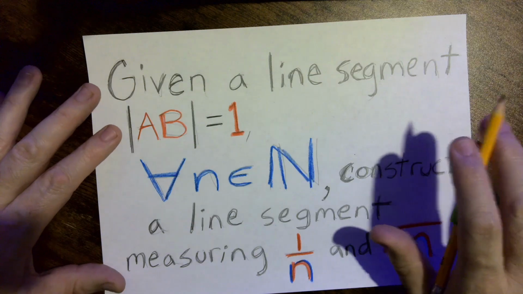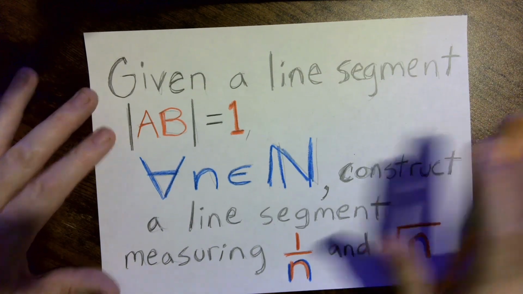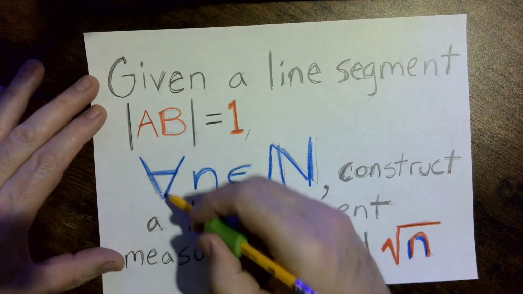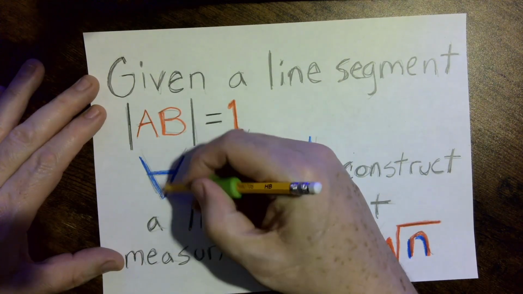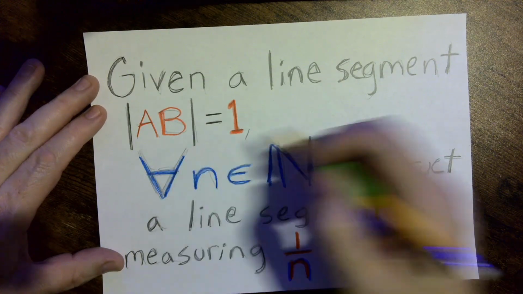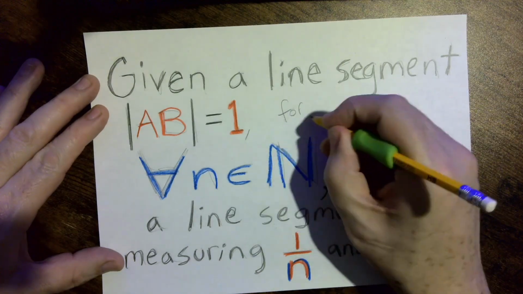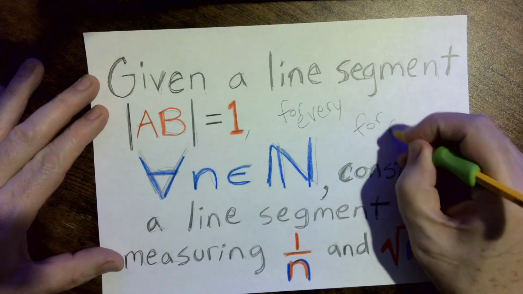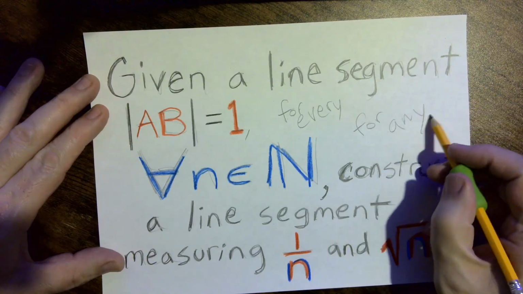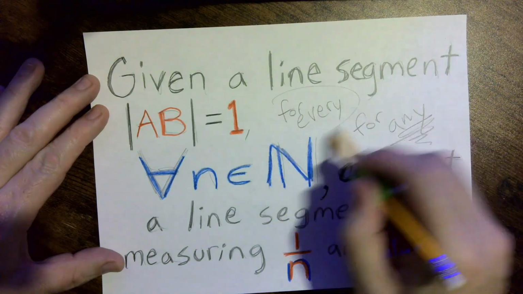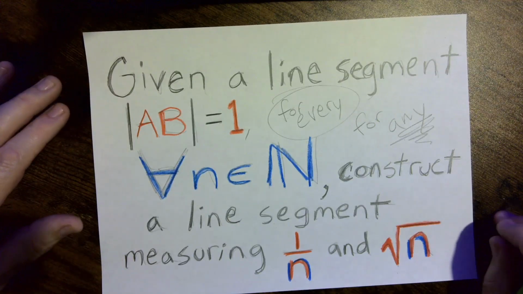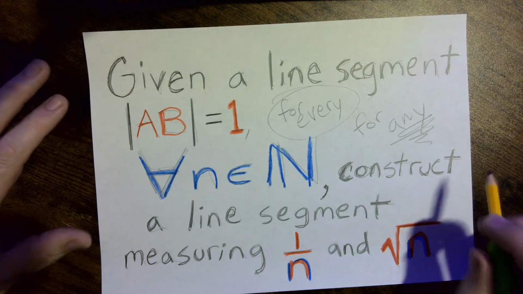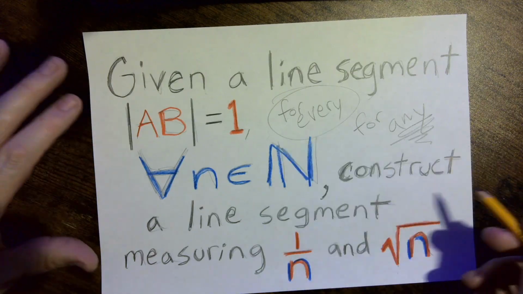Well, before we look at what that means, let's interpret this. This symbol right here is the universal quantifier. It means for every or for any. And we're going to use for any because for every n, we don't have the time, we don't have the paper, you don't have the pencils to do every n.